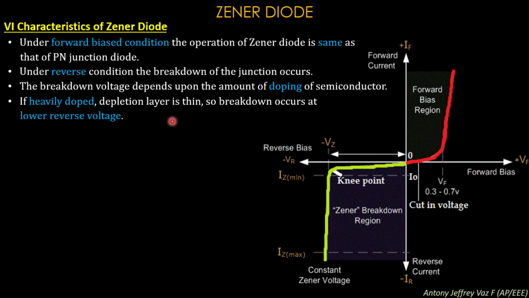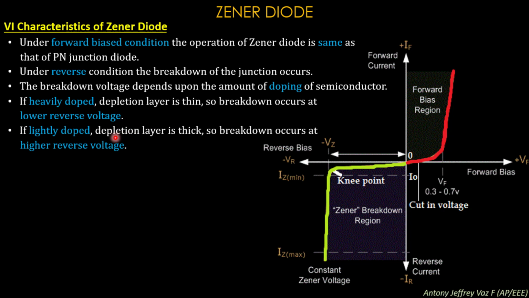So, when a lot of impurities are added, that is heavily doped, then the depletion layer becomes thin, so the breakdown occurs at a lower reverse voltage. In case of lightly doped, which means fewer impurities are added, the depletion layer is thick, so breakdown occurs at a higher reverse voltage.